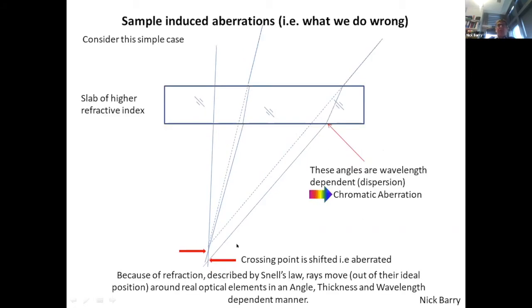However, if we stick a slab of refractive index material into this light path, you can see that because of refraction at these surfaces, these rays now cross at different points. So this ray here and this ray here are now crossing somewhere over here, whereas this ray here and this ray here are now crossing down here.